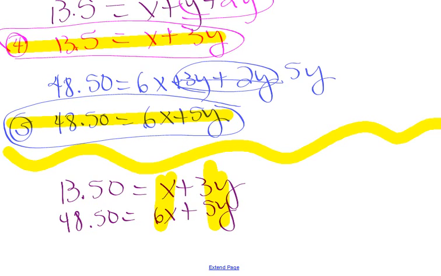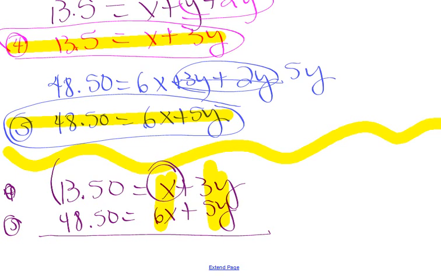Well, if I add, I can't eliminate anything. So I have to alter one of our equations. And this was equation 4, and this was equation 5. I'm going to alter equation 4 to create a negative 6x. So when I add them, my x's will go to 0. So that means I have to multiply everything by negative 6.